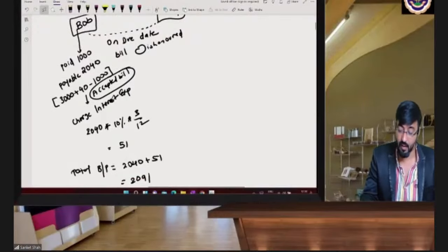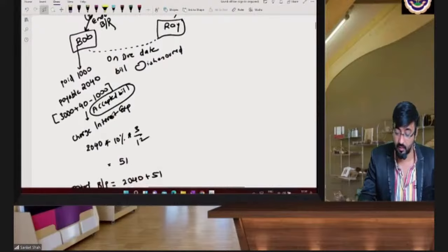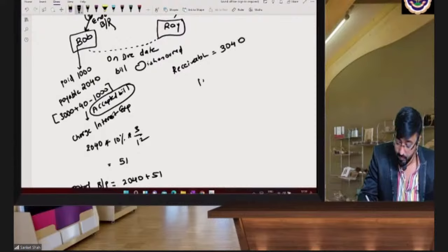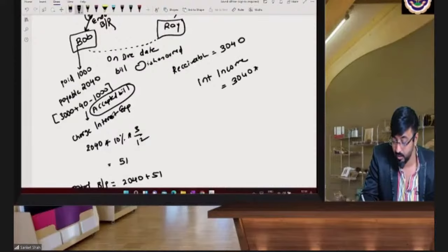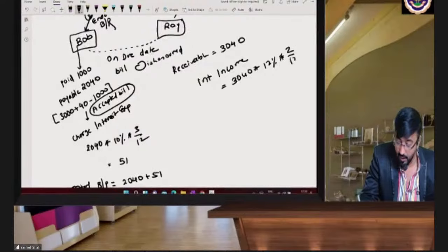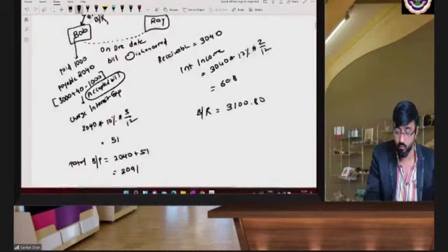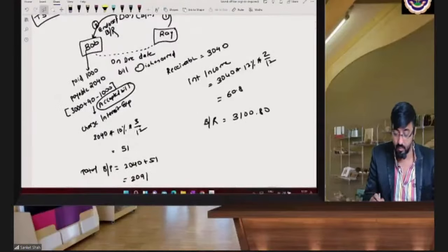And what about bills receivable? From Ray, receivable is 3040. Interest income, why? Because he accepted the bill and has not paid anything. So 3040 into 12% into 2 by 12 is 60.8. So bills receivable from Ray is 3100.80. So these are two different transactions.